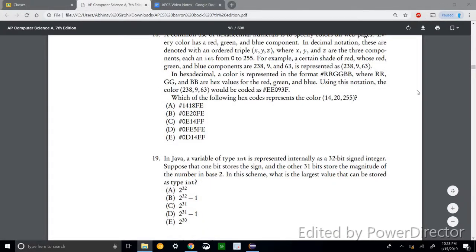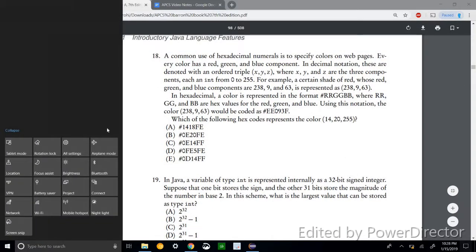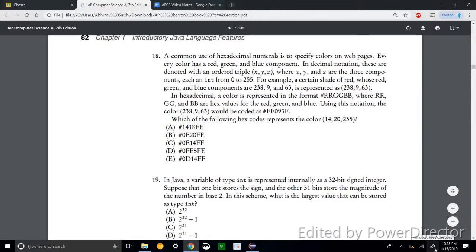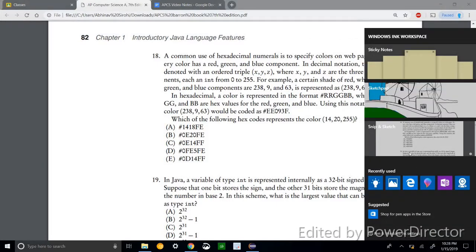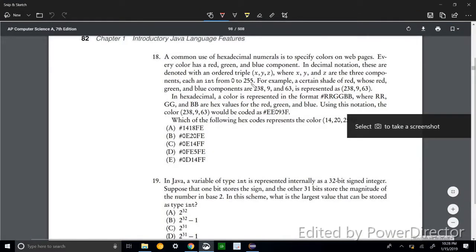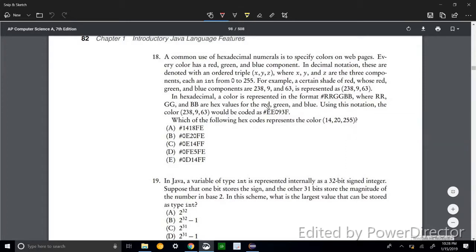Number 18. So number 18 says, a common use of hexadecimal numerals is to specify colors on web pages. Every color has a red, green, and blue component. In decimal notation, these are denoted with an ordered triple x, y, z, where x, y, and z are the 3 components, each an int from 0 to 255.